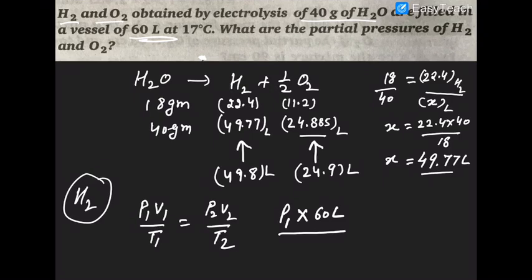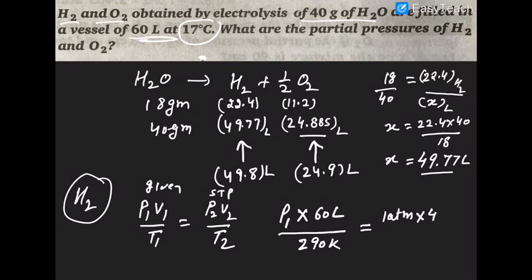T1 is given to us as 290 Kelvin. Why? Because it is 17 degrees Celsius. What is the STP condition? Pressure at STP would be equal to 1 atmospheric.